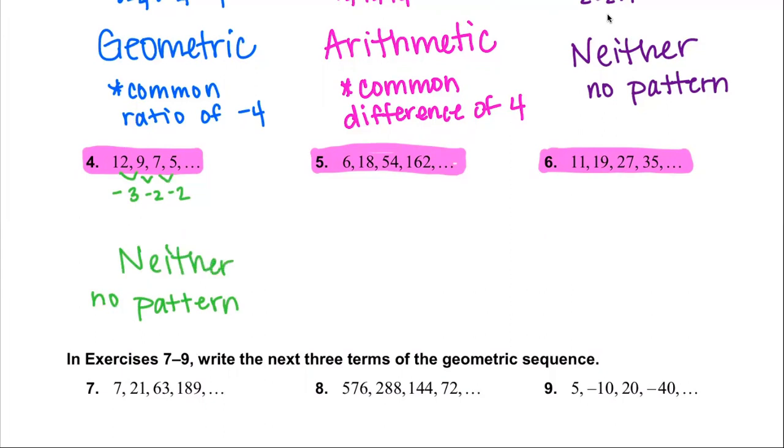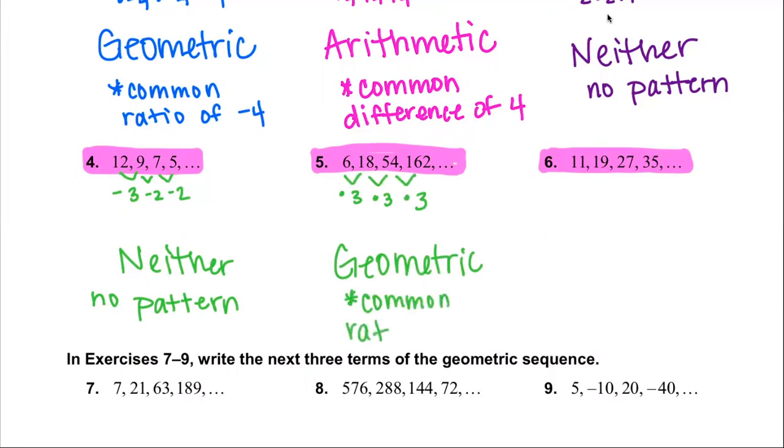Ooh, now in number 5, it looks like we are multiplying by 3, multiplying by 3, multiplying by 3. So this is a geometric sequence where what we call our common ratio is 3.